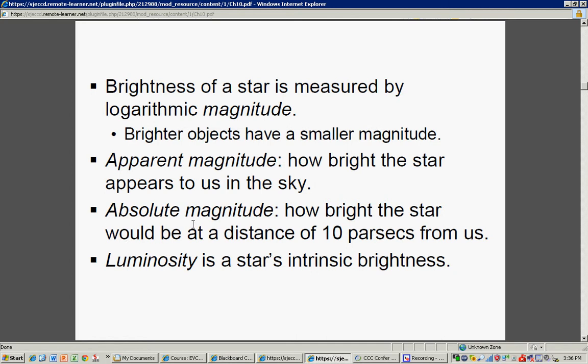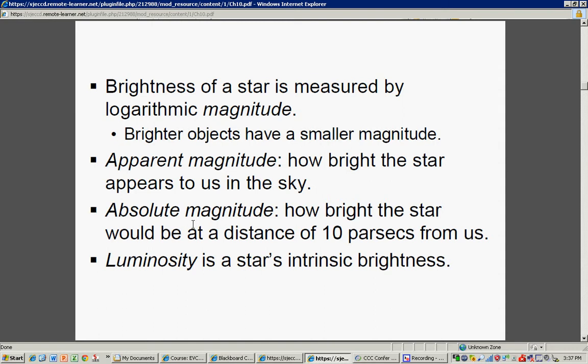Now, absolute magnitude: let's say you know the intrinsic brightness of the object, how much energy it is sending out, and you place this object at 10 parsecs, or 32.6 light years, away from you. How bright will that object look on your magnitude scale?